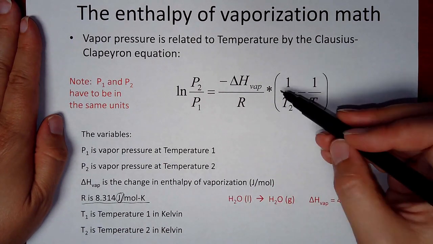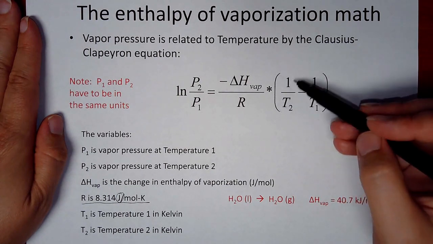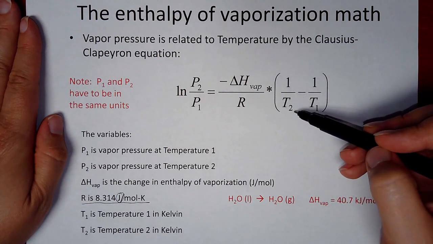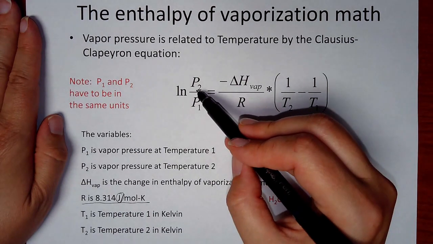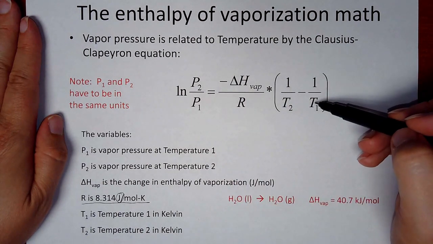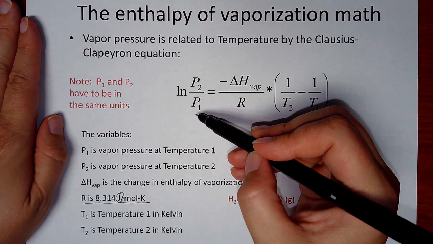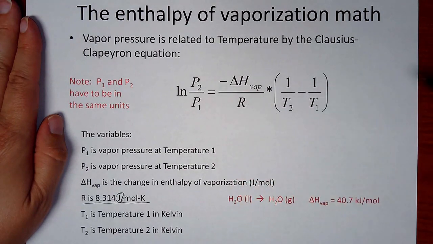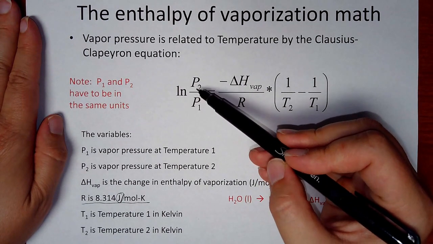Alright, then for our equation, times 1 over our temperature with a subscript of 2, which relates to our pressure with a subscript of 2, minus 1 over T1, which relates to our P1. For this equation, the units of our pressure can be anything as long as they're the same.